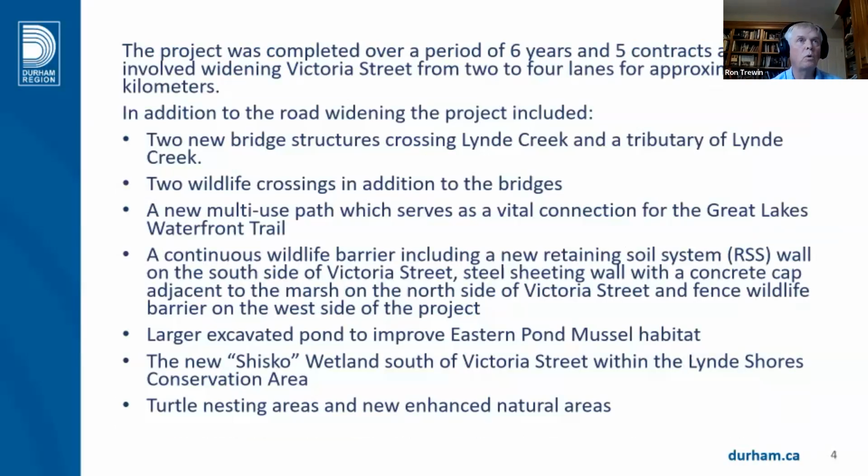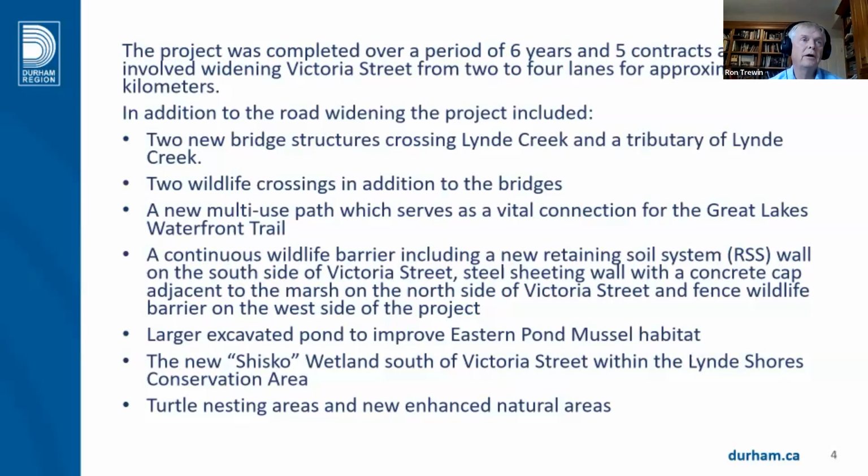In addition to the road widening, the project included 2 new bridge structures crossing Lynde Creek and also crossing the tributary of Lynde Creek, 2 wildlife crossings in addition to the bridges, a new multi-use path, which serves as a vital connection for the Great Lakes Waterfront Trail, a continuous wildlife barrier, including a new retaining soil system, RSS wall on the south side of Victoria Street, and a steel sheeting on the north side, adjacent to the marsh on the north side of Victoria Street.